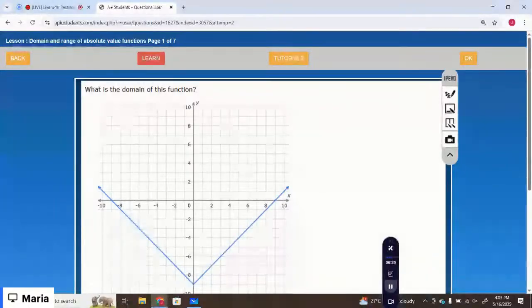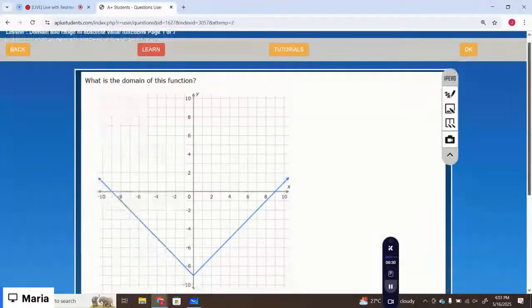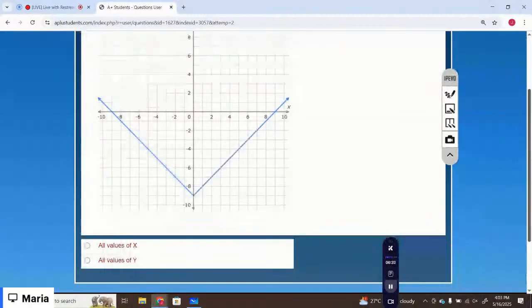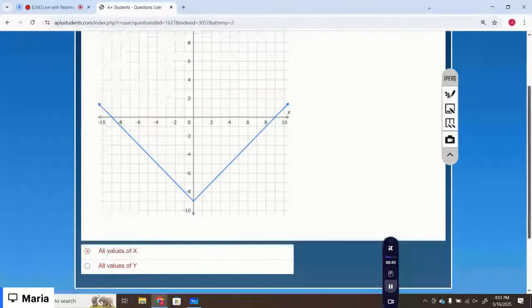What is the domain of this function? The domain is all the x values and the range is all the y values. So the domain is all values of x, the correct option.